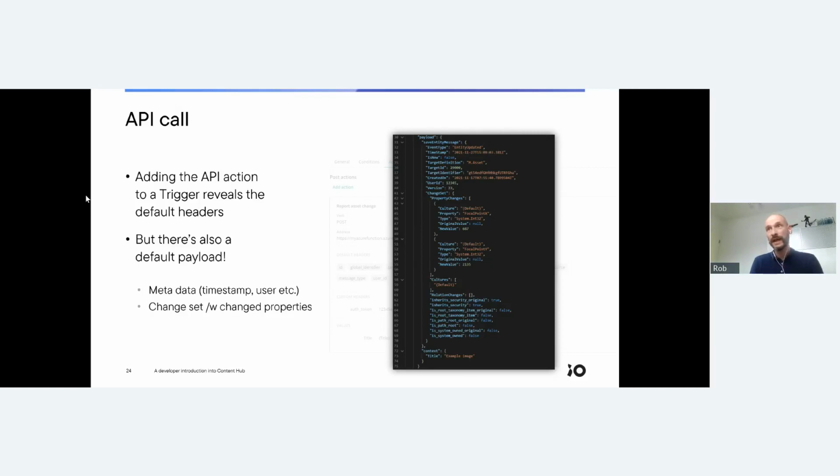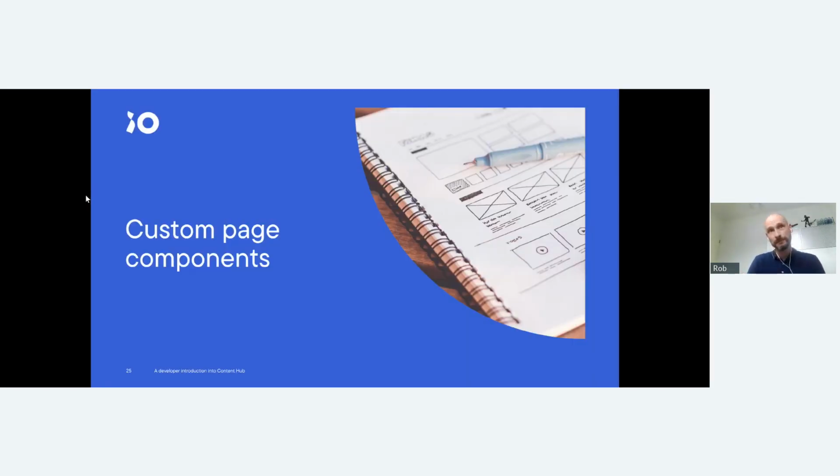At the moment I save that, I can also listen with a trigger to that field being changed, and I can create an API call if I want. And you can see it right here, it's included in the payload. So the API is easy to configure via the user interface and exposes a lot of useful data from Content Hub that you can use elsewhere as well.